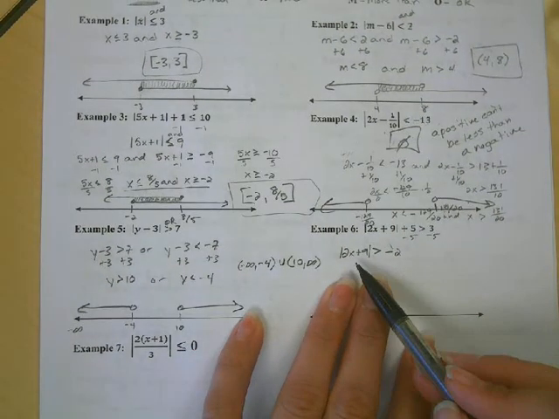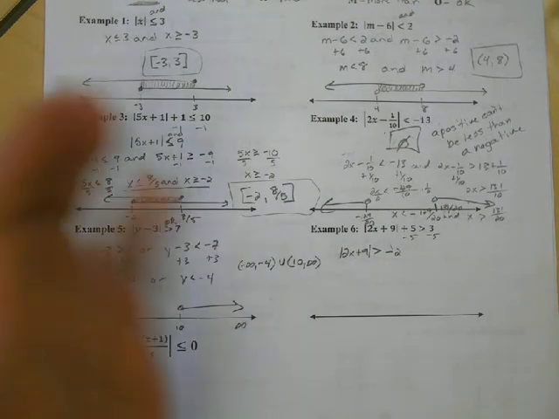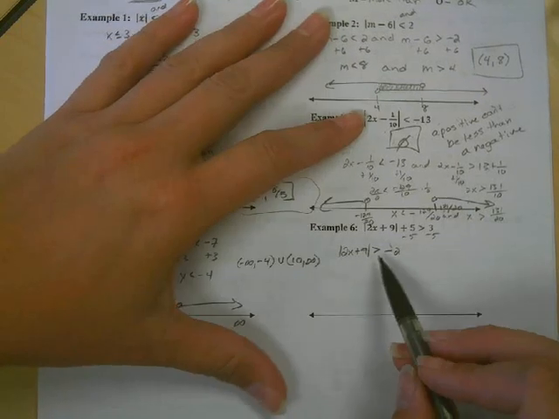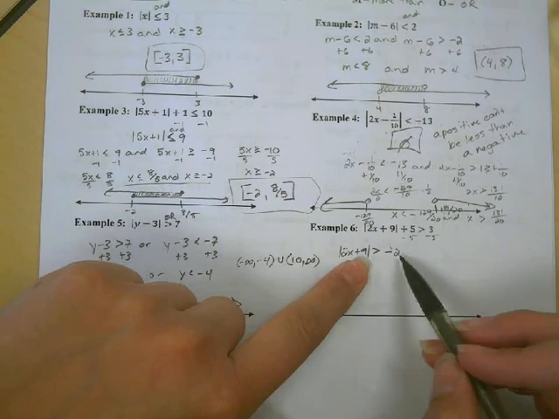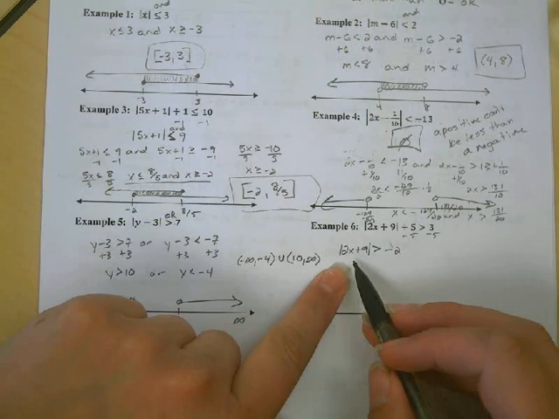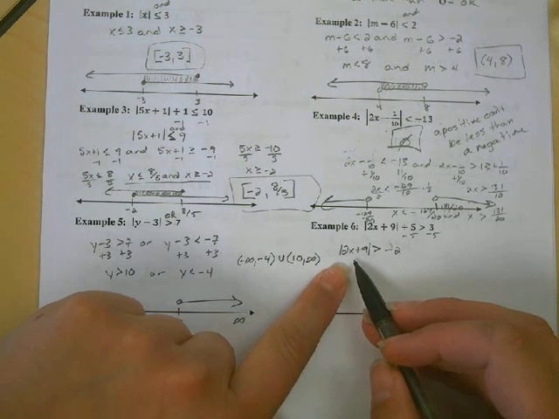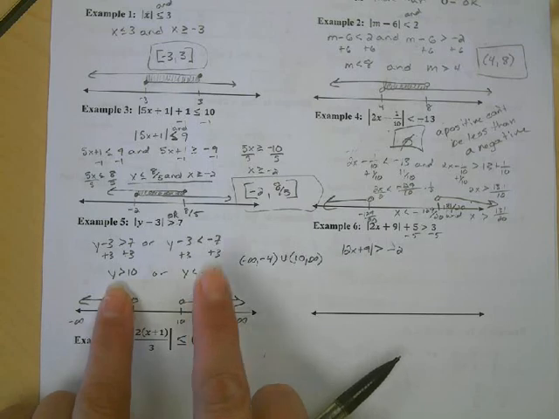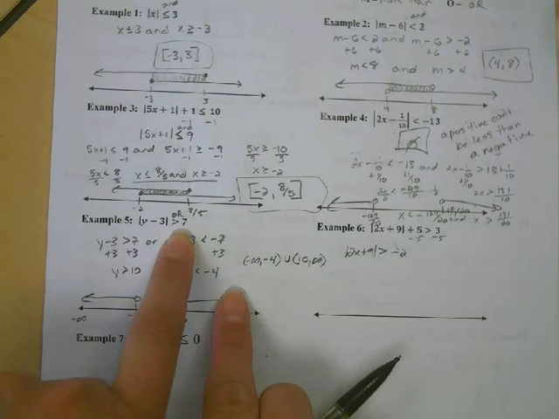Big giant red flags should hop up in your face and sirens going off. But anytime you see a negative answer with an absolute value, and I'm not talking about a negative answer, we can have answers that are negative, there's nothing wrong with that, but the absolute value can't have a negative on this side.